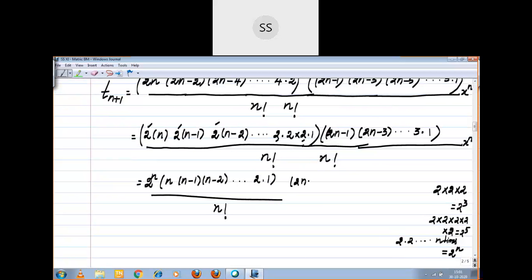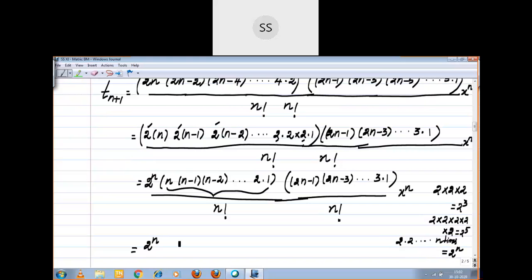Then n into n minus 1 into n minus 2 into etc. 2, 1, divided by n factorial, then into 2n minus 1, 2n minus 3, etc. 3 into 1, divided by n factorial x power n. Got it, children? Now, which is equal to 2 to the power n.